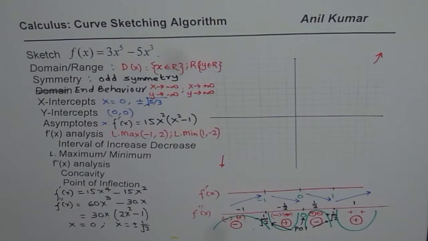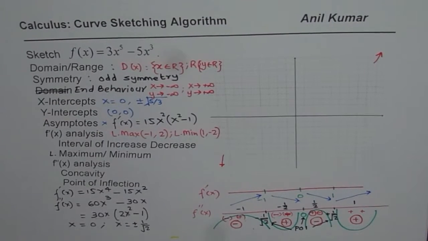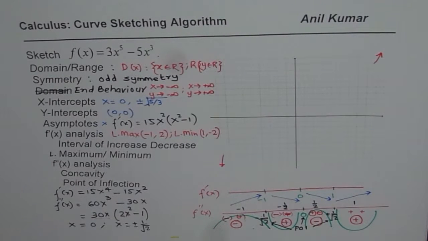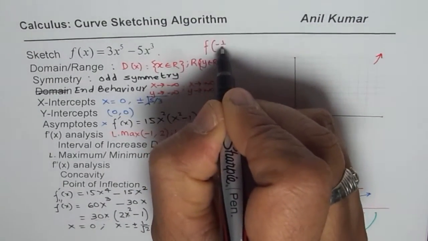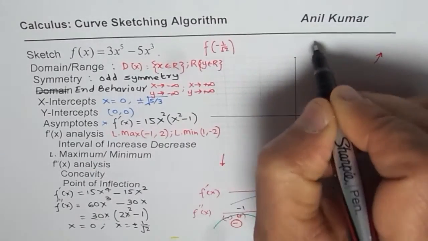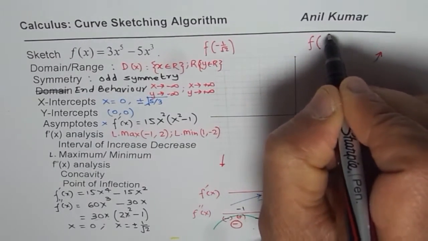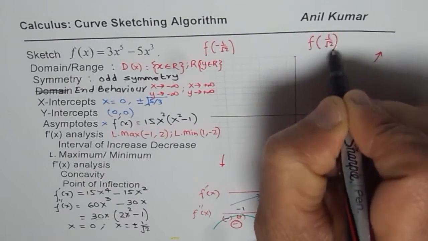So these are the points of inflection for us. What we can do at this time is calculate the value of the function at 1 over square root 2, right? So let us find the value of the function at minus 1 over square root 2 and also at 1 over square root 2, right?